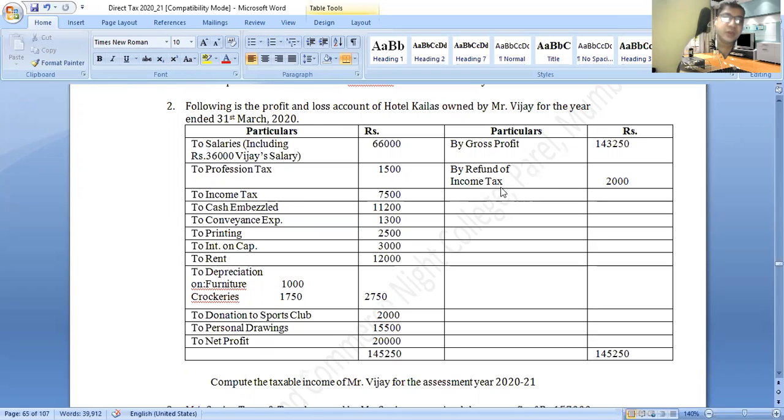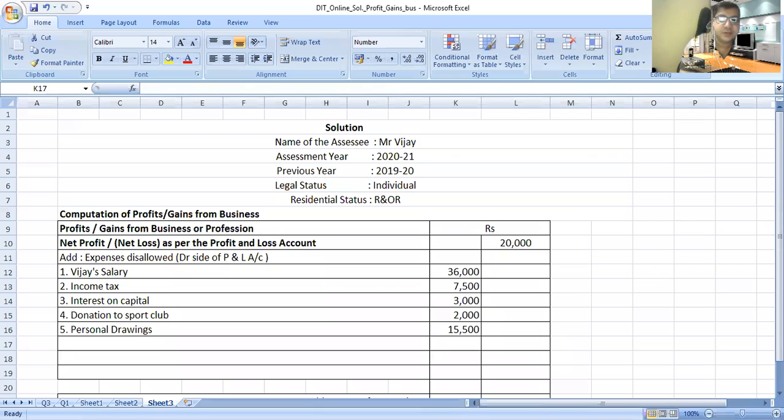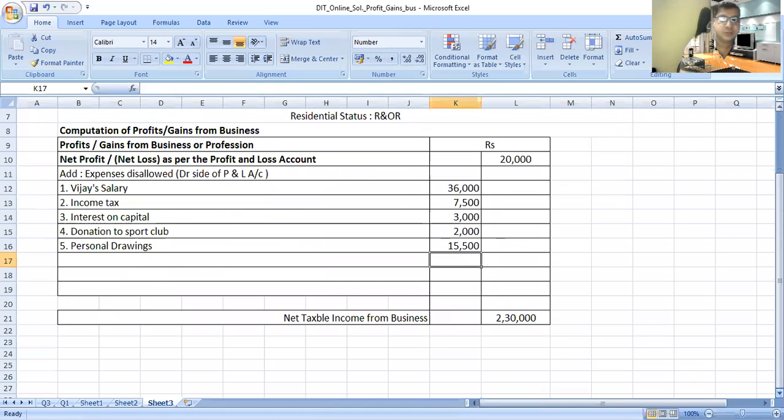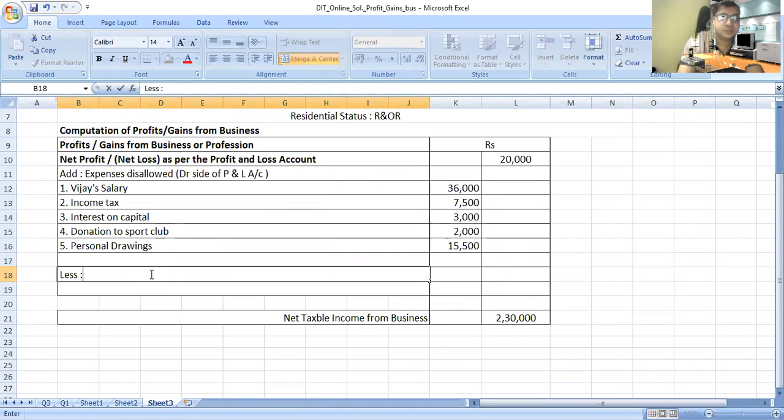So this particular amount we have to deduct from net profit. So how will we write here? In our problem we can write: less, income which is not allowed.